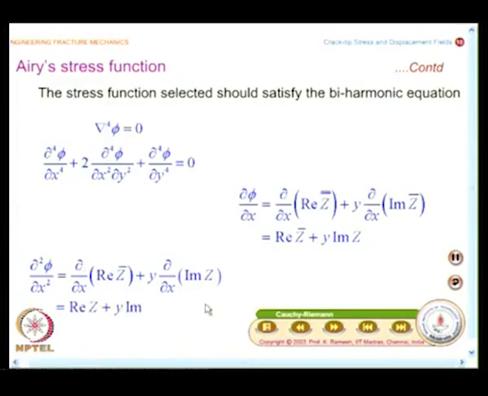This is nothing but real part of z plus y imaginary part of z prime. So there is no difficulty in arriving at this, and we would proceed further. We will have to get dou cube phi by dou x cube. So I will have to differentiate this, and that is what I am going to do.